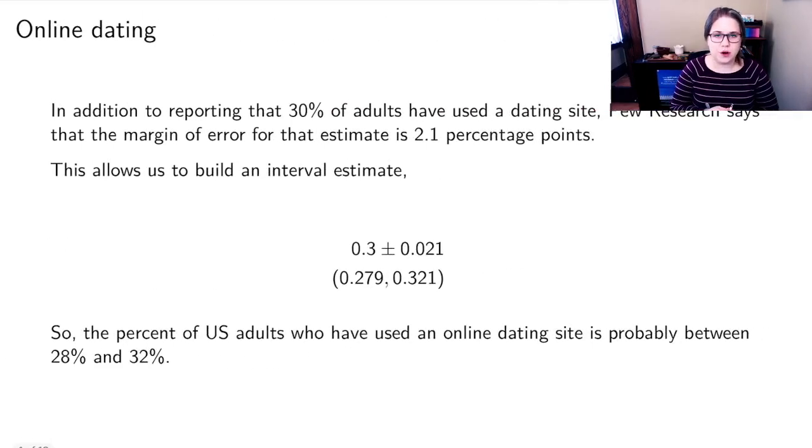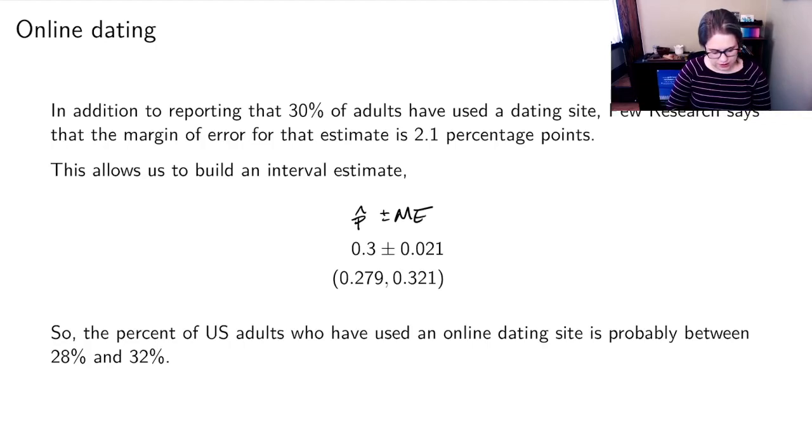And the margin of error is something that characterizes the variability of the estimate. So if you go onto a site like Pew Research and you see a report that 30% of adults have used a dating site, they're also going to give you the margin of error for that estimate. So in this case, the margin of error is 2.1 percentage points. And so we could make an interval estimate. I could have my sample statistic, p hat, plus or minus the margin of error. And in this case, it's 0.3 plus or minus 0.021.